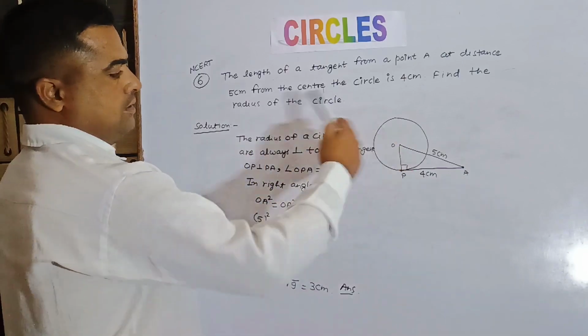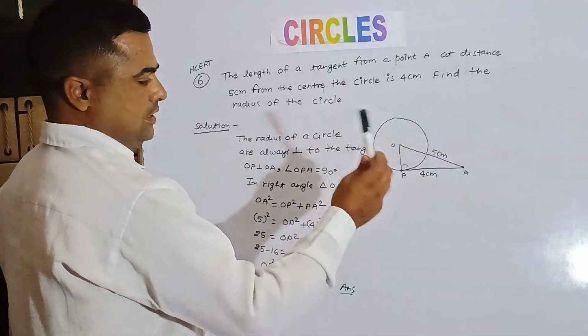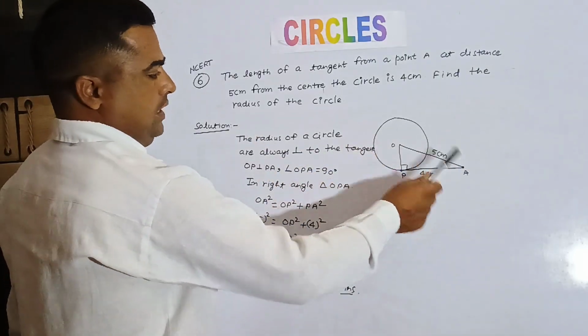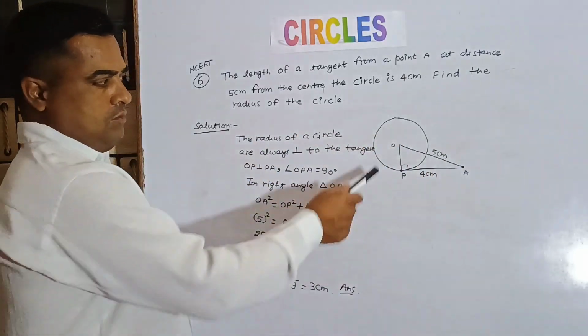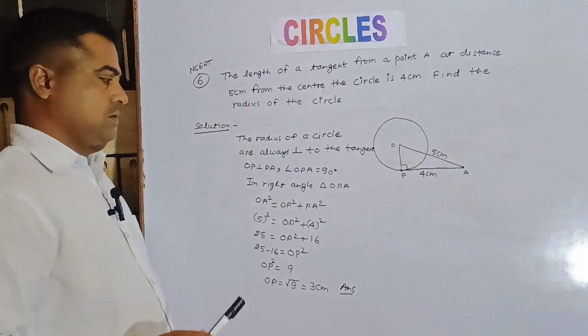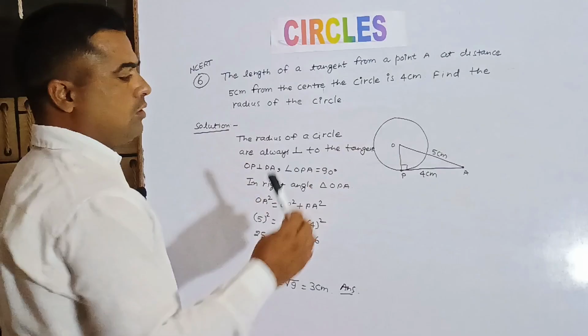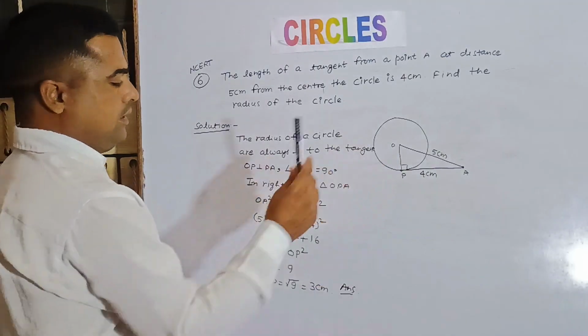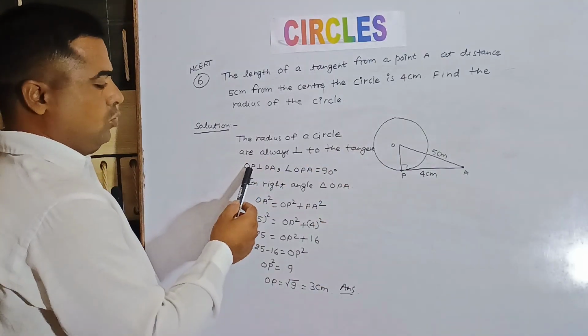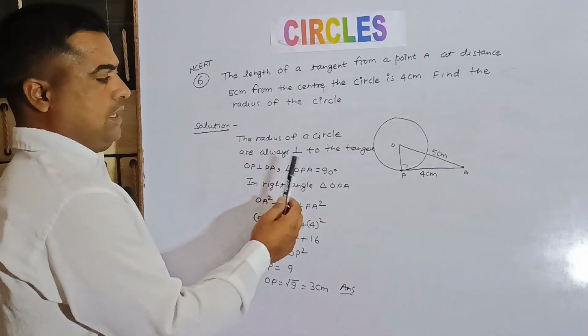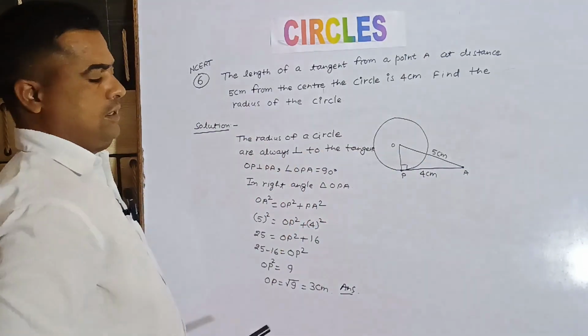We have a circle here and we have a tangent AP and OA. This is given here 5 cm. We have to find the radius of the circle. As we know, radius is always perpendicular to the tangent, so this angle will be 90 degrees. And we have written here OP is perpendicular to PA. So angle OPA will be 90 degrees.